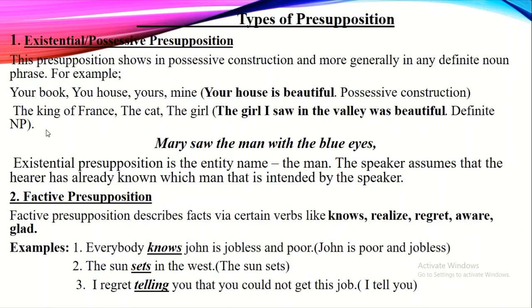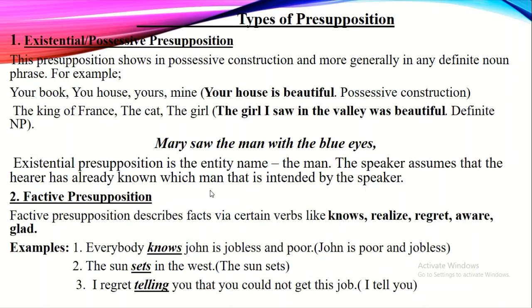"The king of France, the cat, the girl I saw in the valley was beautiful" is a kind of definite noun phrase. "Mary saw the man with the blue eyes." Existential presupposition is the entity named. With "the man," the speaker assumes that the hearer already knows which man is intended by the speaker.